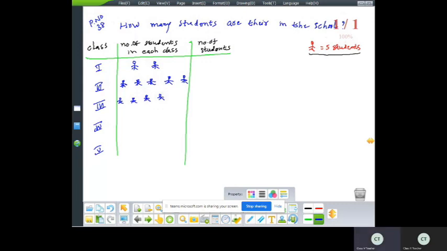In class 4, 7 figures. In class 5, again 4 figures. See, they have given the clue: one figure is equal to 5 students.